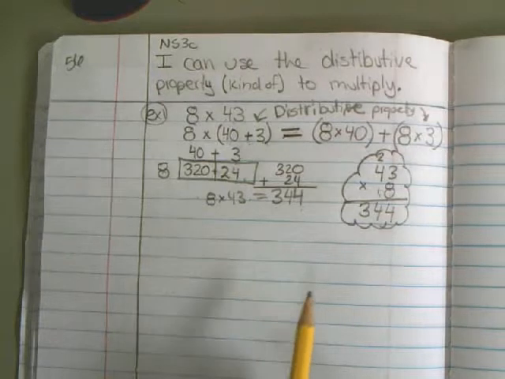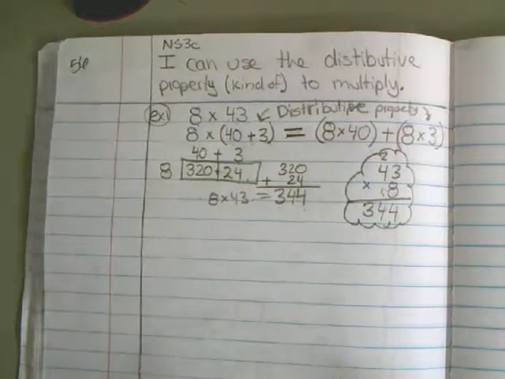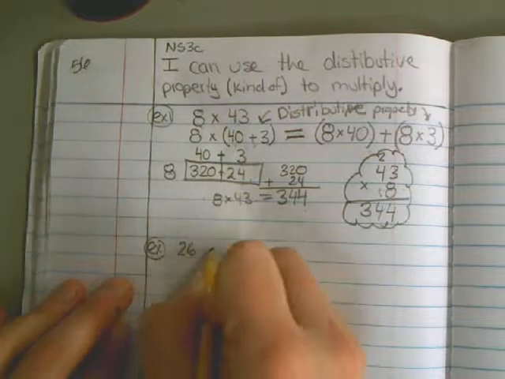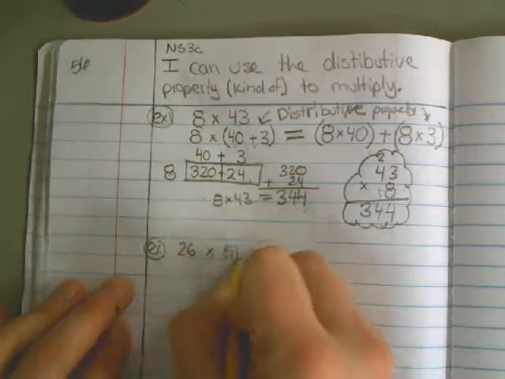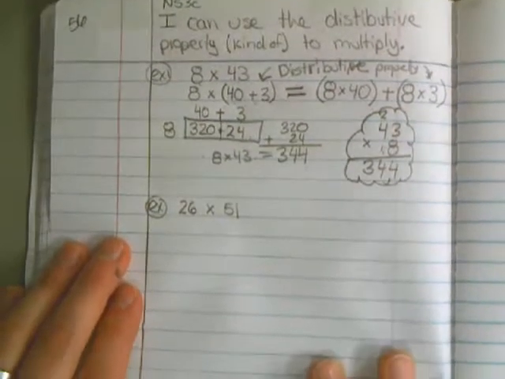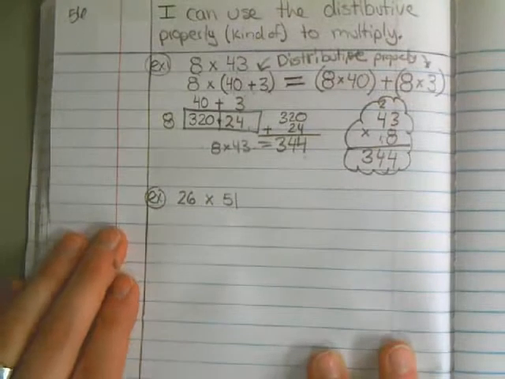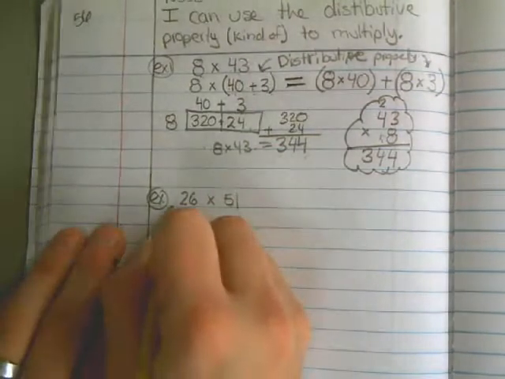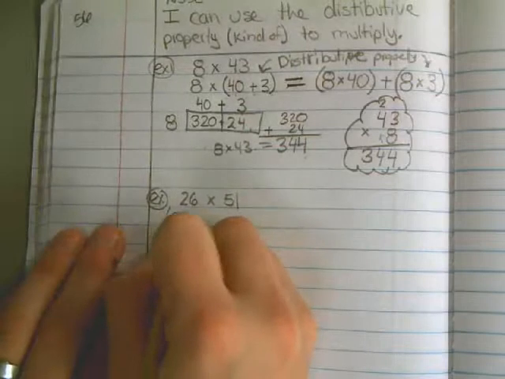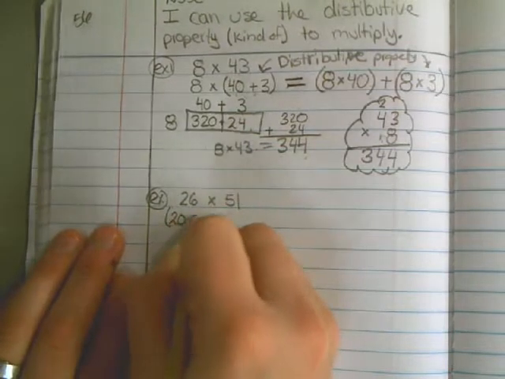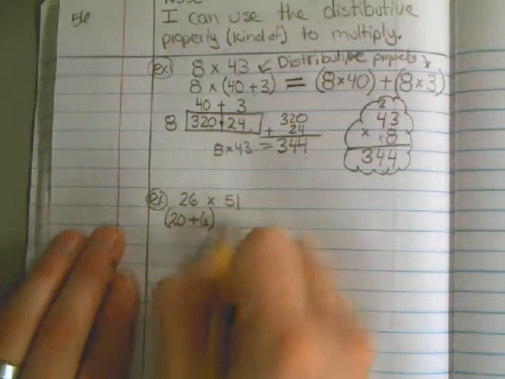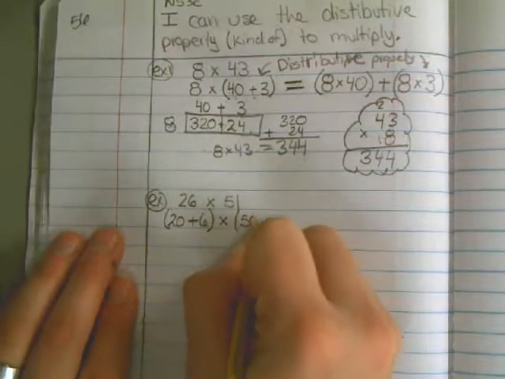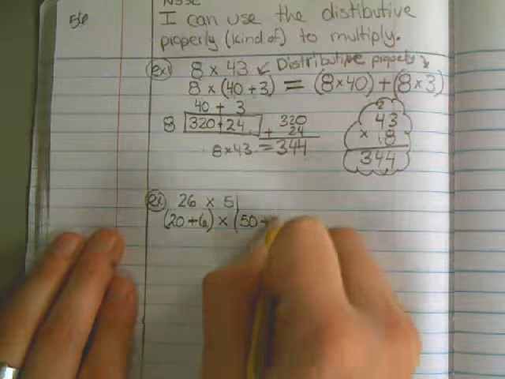Okay? So, let's take a look at a little bit harder problem. Let's take a look at another example. Let's look at 26 times 51. Now the first thing we want to do is expand those numbers out. So 26 would also be looked at as 20, 2 tens, plus 6 ones, times 5 tens, or 50, plus 1 one.